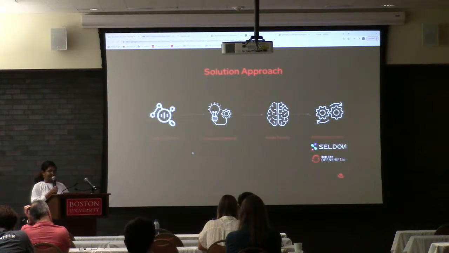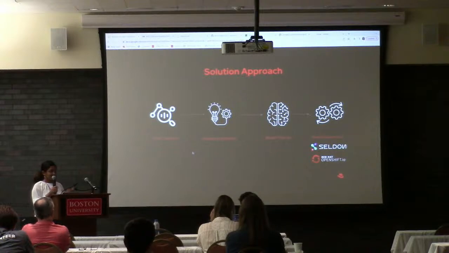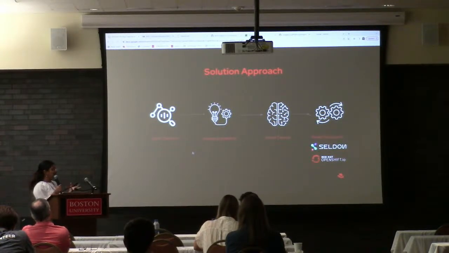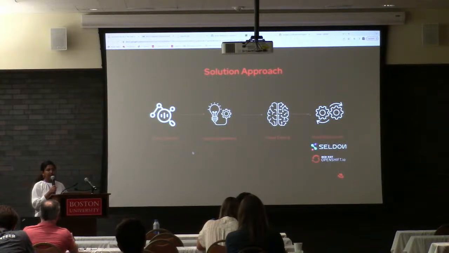And once we've made this prediction, the most important part is to have it deployed somewhere so that you can interact with this model and make it available to other folks who are interested in using it. So we use something called Seldon here. Seldon is another MLOps platform that you can use for model deployment, so that you can interact with your models through an HTTP endpoint.